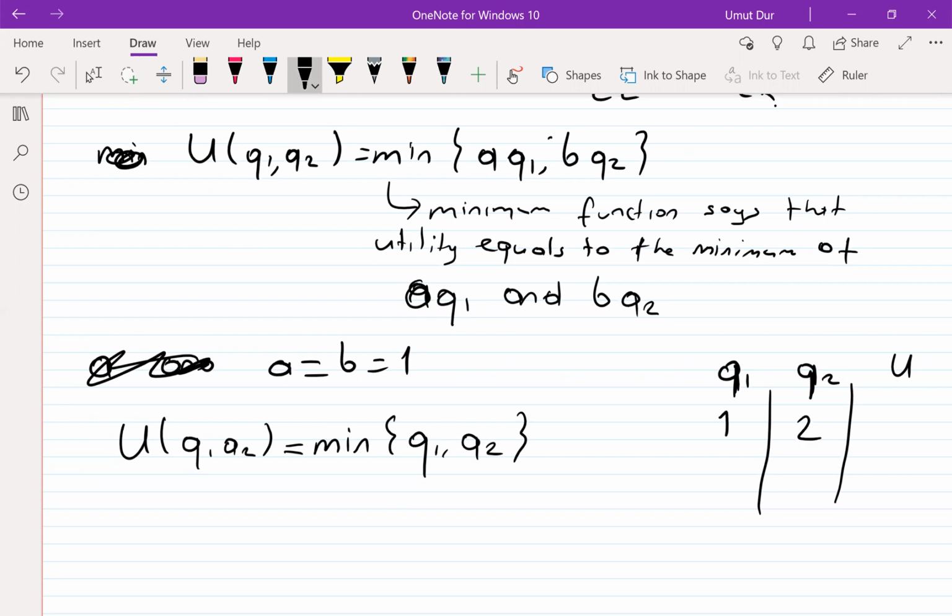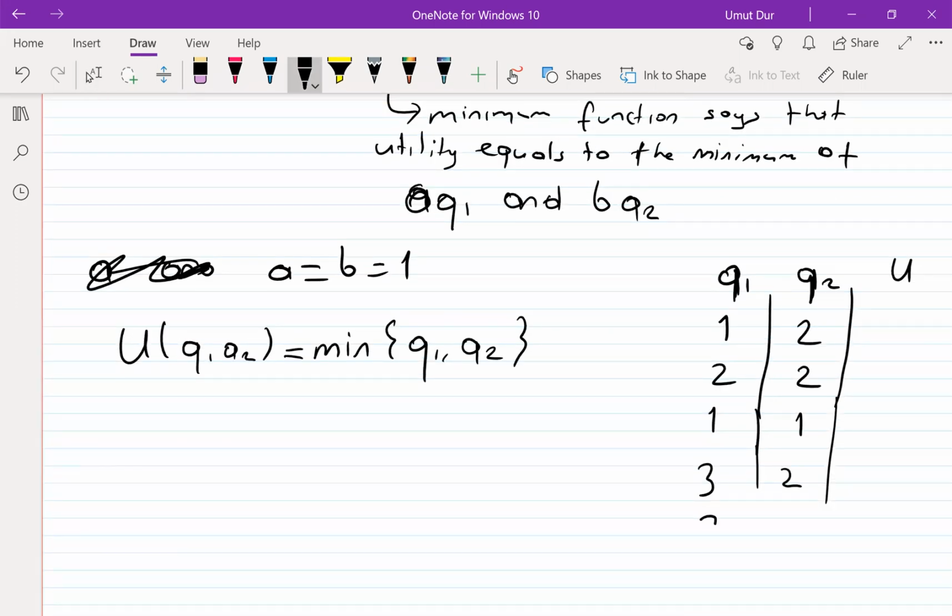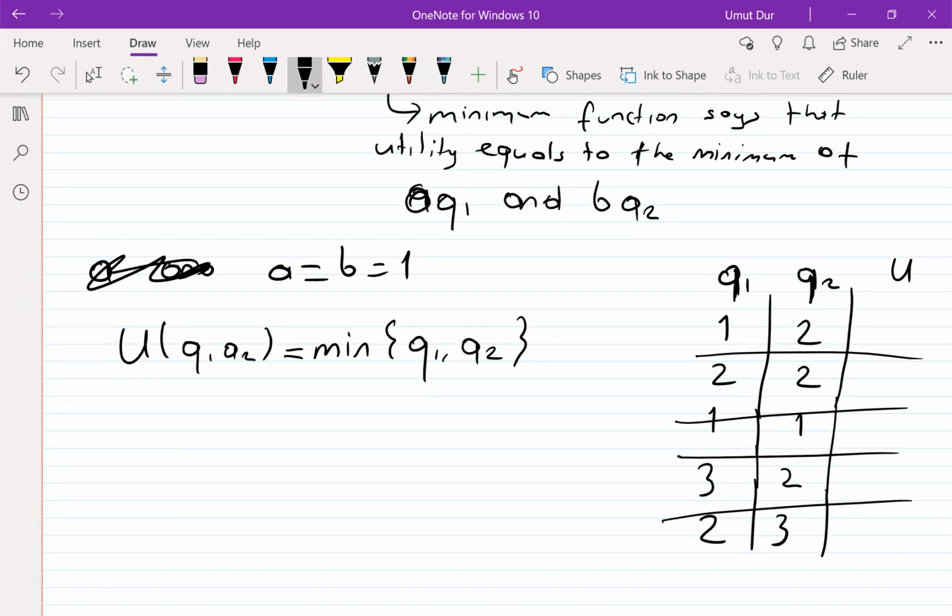So let's say 1, 2; 2, 2; 1, 1; 3, 2; and 2, 3. What is the utility of consuming 1 unit of good 1 and 2 units of good 2? This utility function is important, so please try to answer it, or we will go all together.